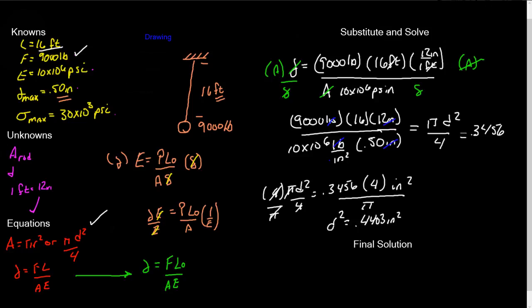I can come back and take the square root of both sides of my equation, and that's going to give me my final answer, approximately 0.6635, but I'm going to go ahead and apply the precision that they ask for and just call it 0.66, and that unit is inches. So now I've got D equals 0.66 inches. Hopefully that helped you through the problem, and thanks for watching.